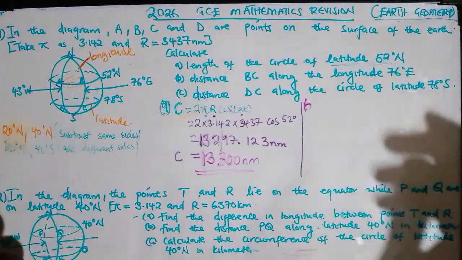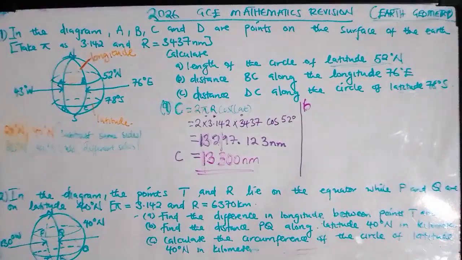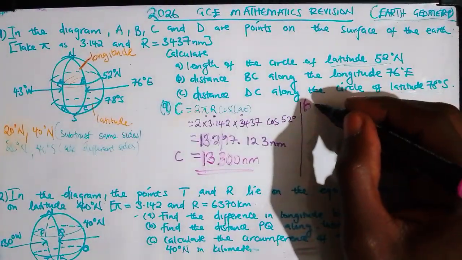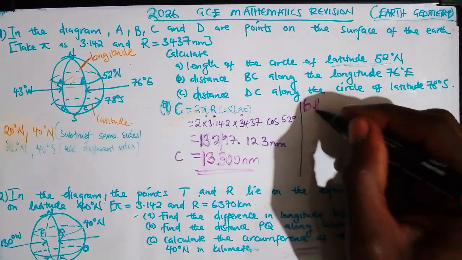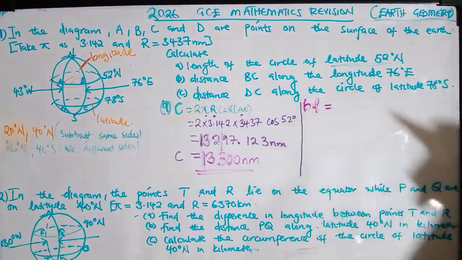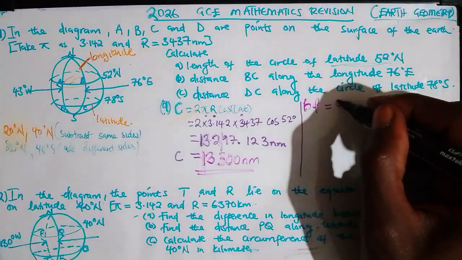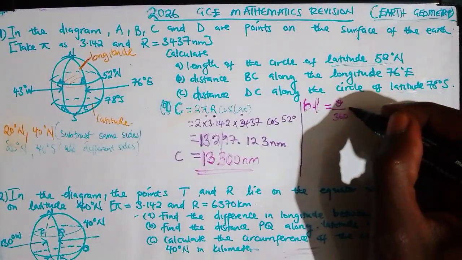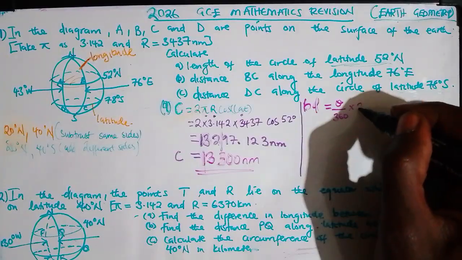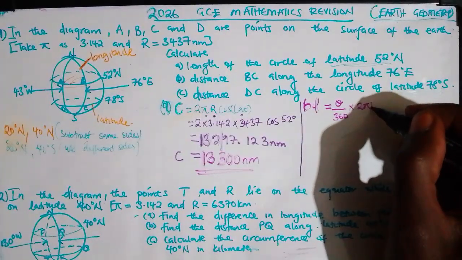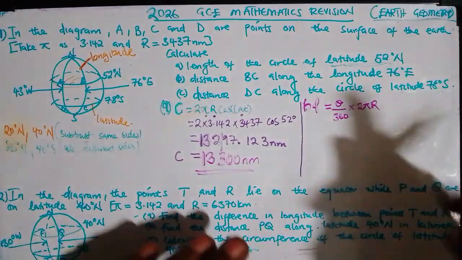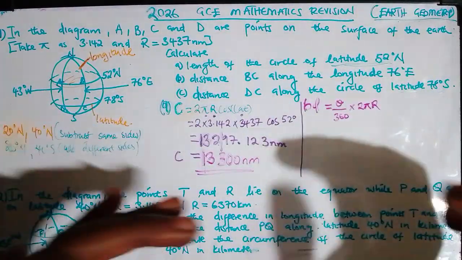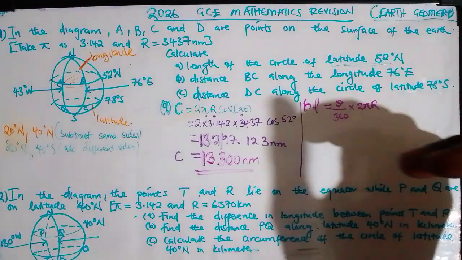Yeah. So now, how do you find the distance? The formula for distance is equal to theta over 360 times 2 pi r. This is the formula which you are supposed to use whenever you are calculating the distance in what?